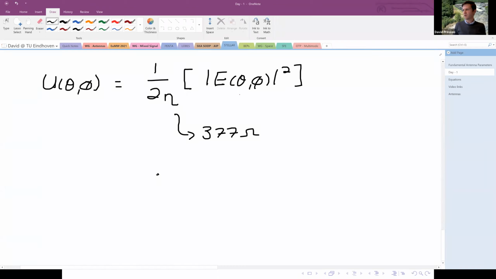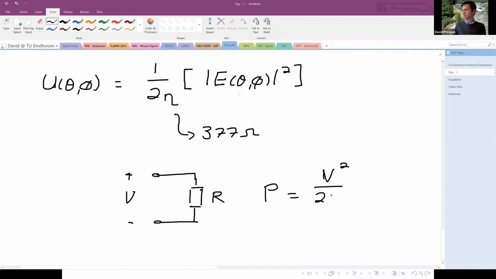If I were to have a load or resistance, R, and I have a peak voltage V across it, then we all know that the power in that resistance is equal to a half V squared over R. So the radiation intensity is nothing other than that.